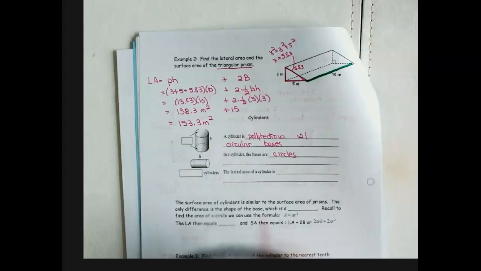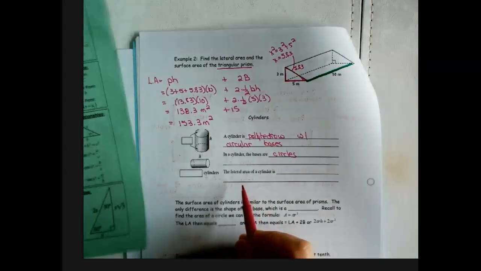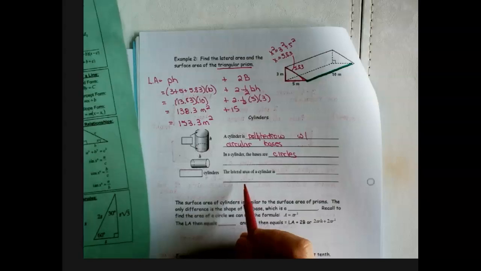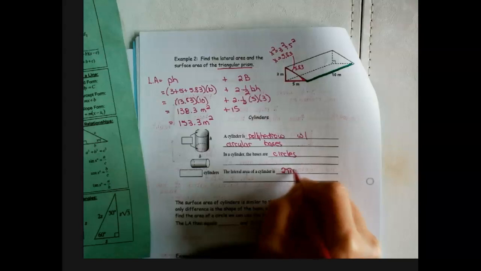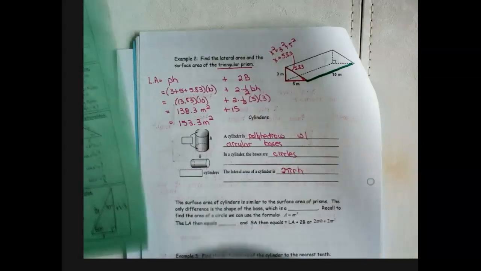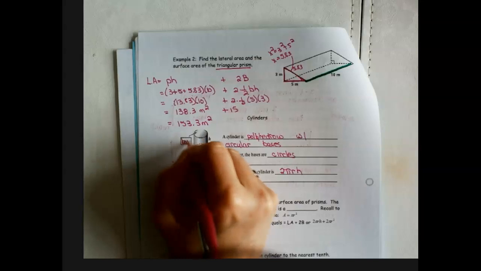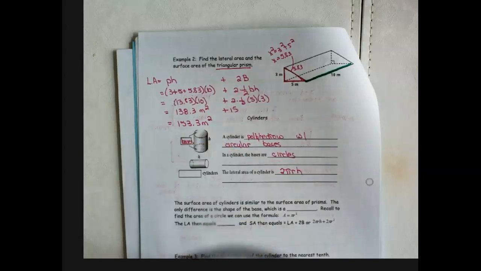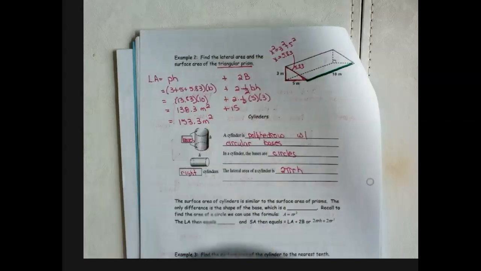Again, if you look at your formula sheet, it says lateral area of a cylinder is 2 pi RH. Here we're talking the top and the bottom of these are the bases, and these are both right cylinders. As I said, we're not going to worry about the oblique.